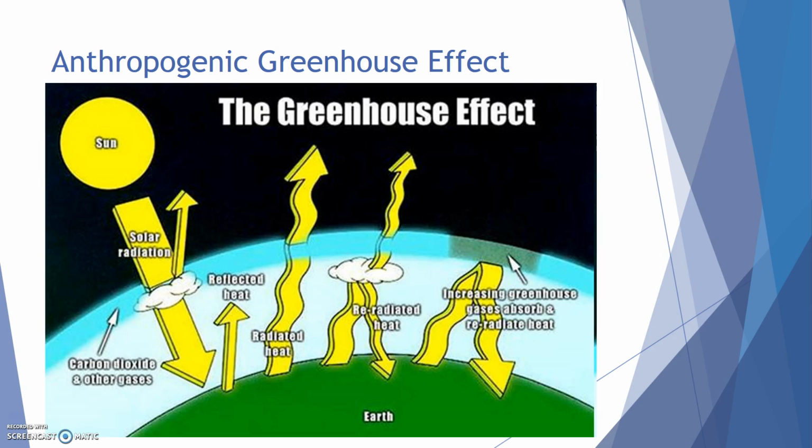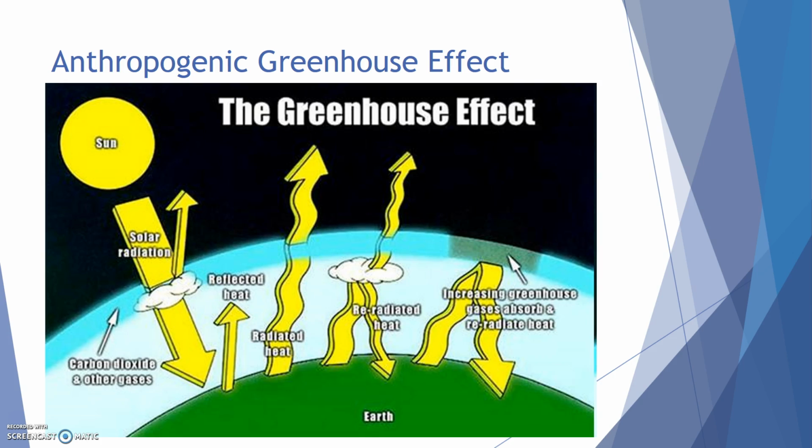A lot of the ways that we are contributing to this anthropogenic greenhouse effect revolve around the technologies that we're using. So the cars that you drive, for the most part, are emitting a lot of greenhouse gases. The industrialization, particularly in Western countries, and then the deforestation that can occur are all ways that humans have added or contributed to the greenhouse gases in our atmosphere.